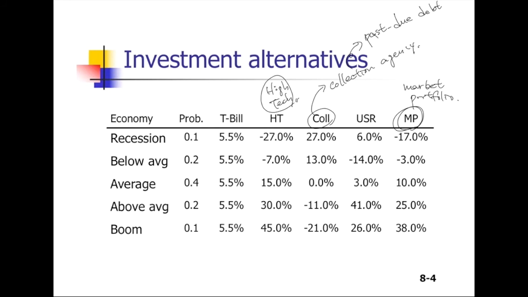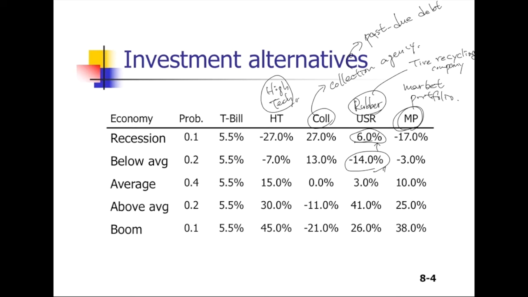The case is USR. USR means US rubber company, a tire recycling company. As you can see, their expected return is a little bit strange, because if the economic condition is below average, there is a negative return for the market, and then their expected return goes up in the market recession.